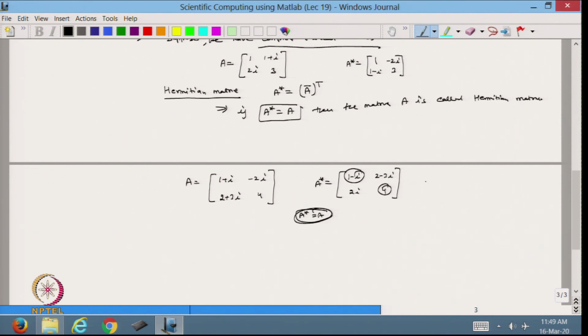So, from here one condition is true, that the diagonal elements should be real. So, the diagonal elements should be purely real, only then we can construct a Hermitian matrix. The next is skew Hermitian.